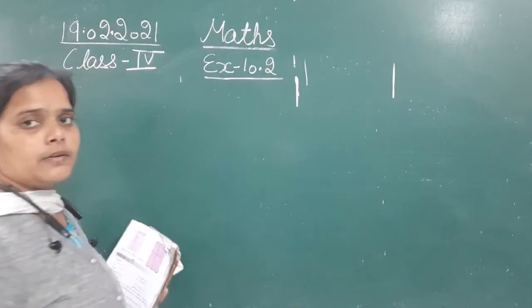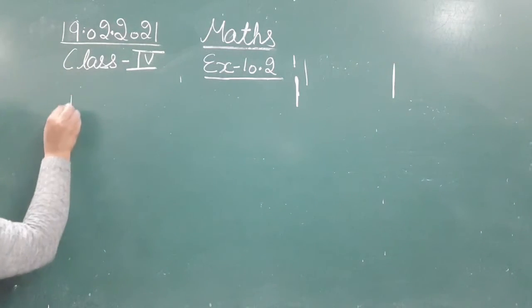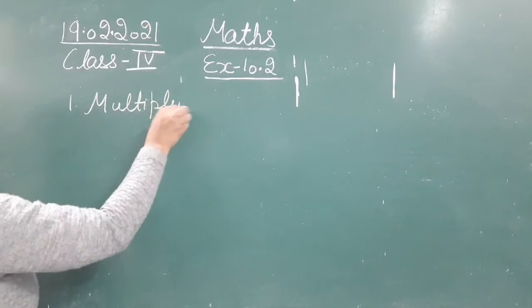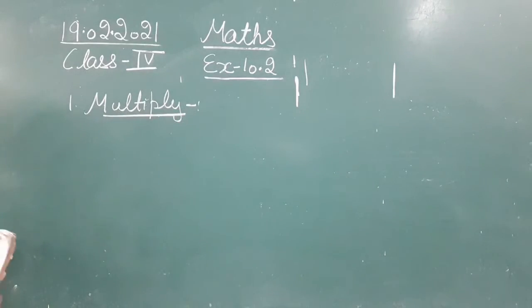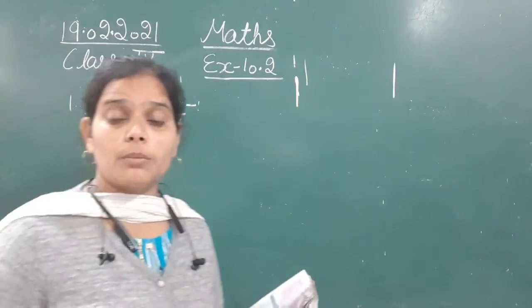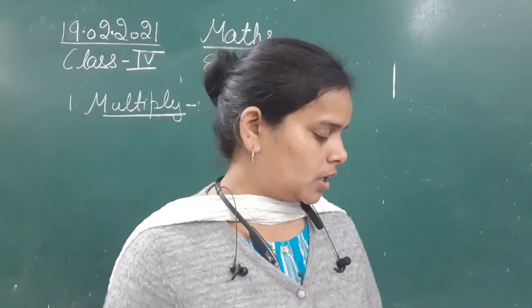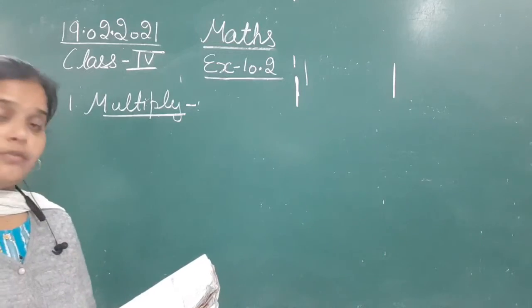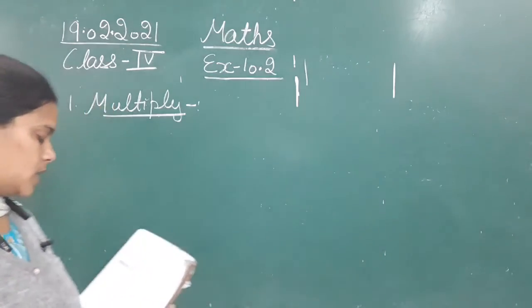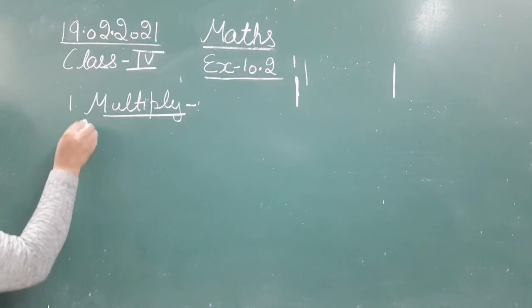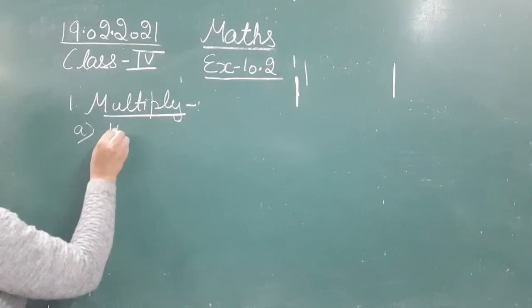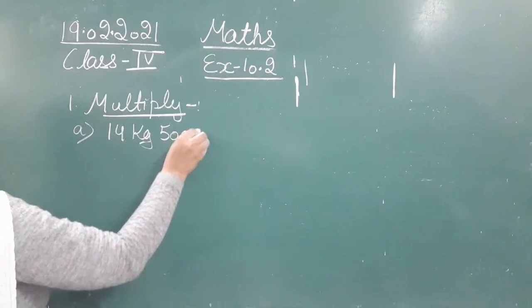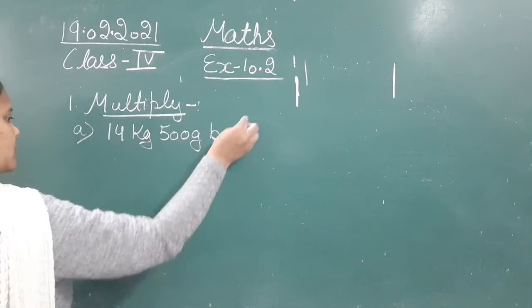चलिए, so let's do the first sum from exercise 10.2. ओके, 10.2 का फर्स्ट सम देखिए, that is multiply. In the first sum we need to do the multiplication. Clear? Here the first A part is given: multiply 14 kg 500 gram by 6.